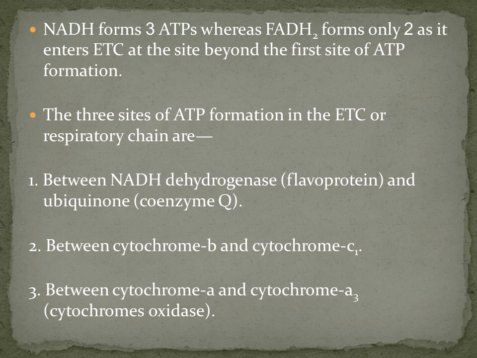One of these 3 sites will be given, and the other options will be something else other than these 3 sites in the electron transport chain. For example, it may be CC1, or maybe C1 and A, something like that. So from this slide you will get most of the questions.